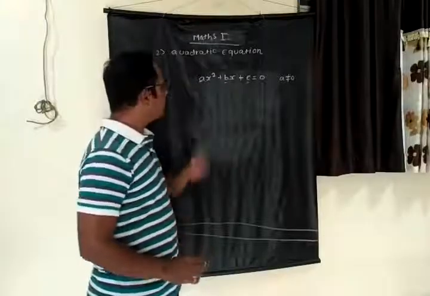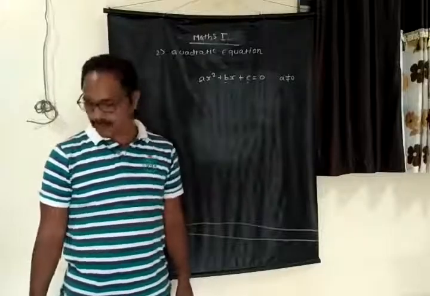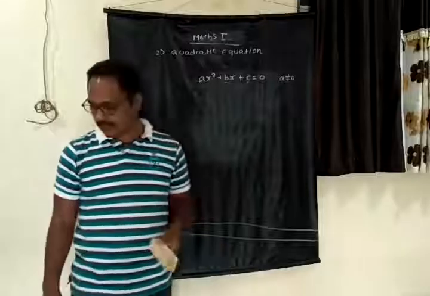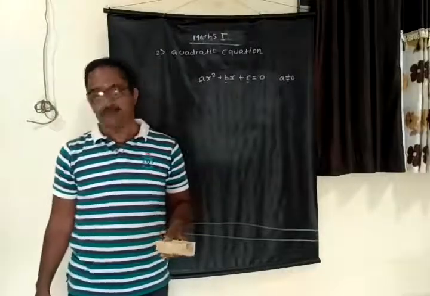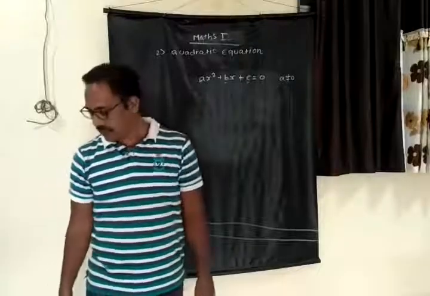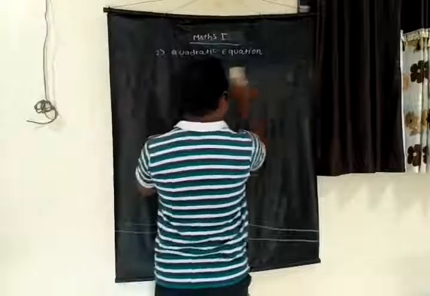Now with the help of this standard form, we will solve the activity given in our book. In that activity, we have given a quadratic equation, then we have to convert that quadratic equation into its standard form, and also we are going to find the values of a, b and c.